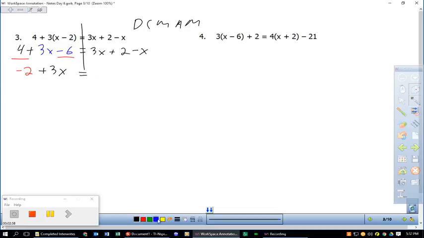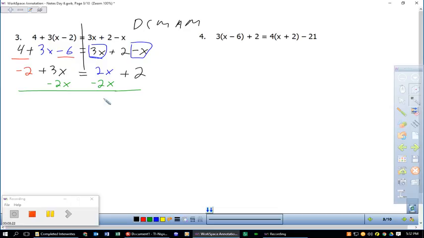Now up here, we can combine the 3x and the minus x. So 3 minus 1 will give us a 2, so it gives us a 2x plus 2. All right, moving variables, we can subtract 2x from the x term.